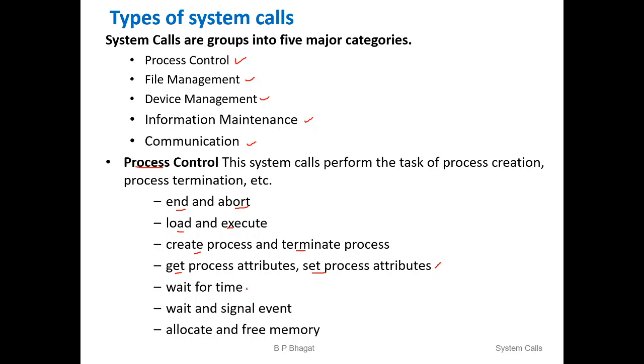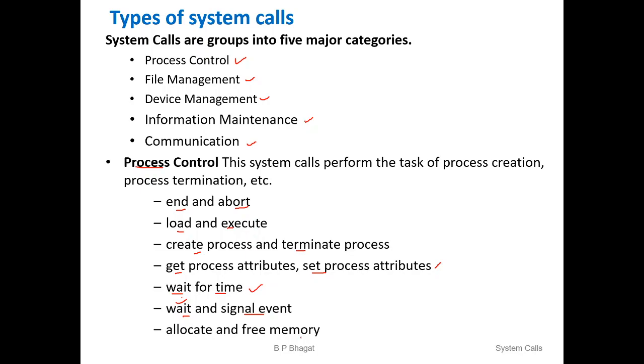Now, once the process is created, we may need to wait for a certain amount of time to pass. So to do this, wait time is the system call, and then sometimes we want to wait for a specific event to occur. So wait event is invoked. And once the event has occurred, the process should then signal, using the signal event system call.